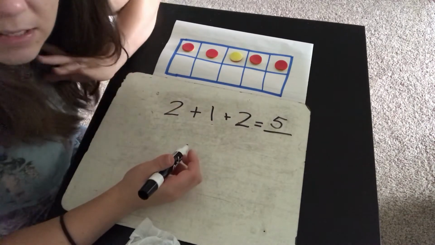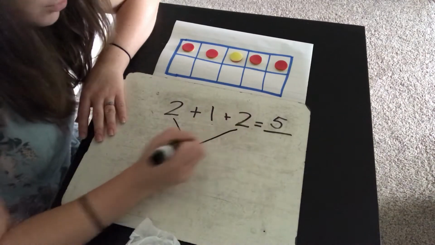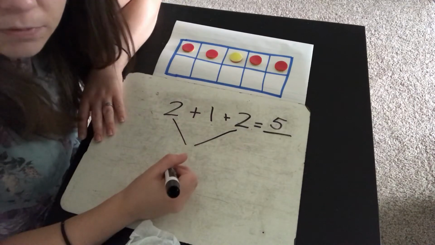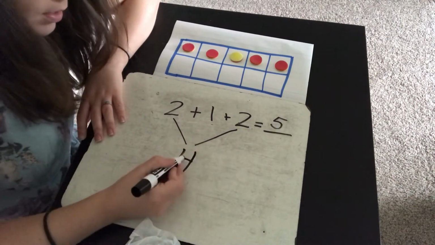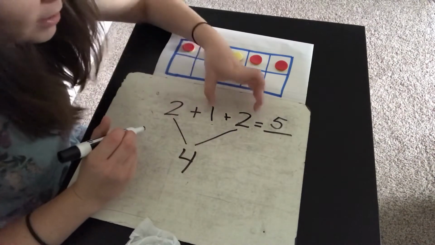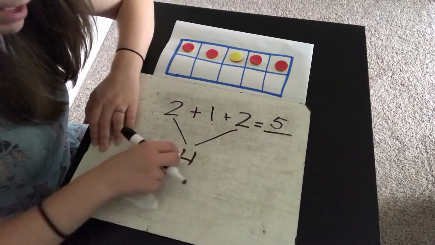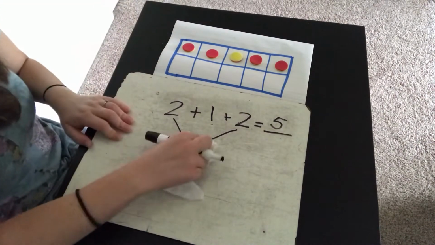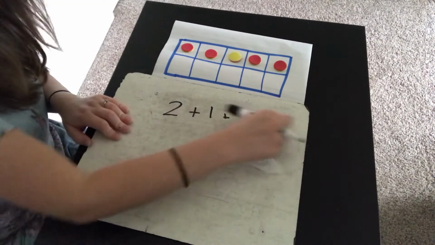And I actually see something really fast that I know how to solve. I know 2 plus 2. What is 2 plus 2? 2 plus 2 is 4, and 1 more is 5. So no matter how I group these together, I still get 5 as my answer.